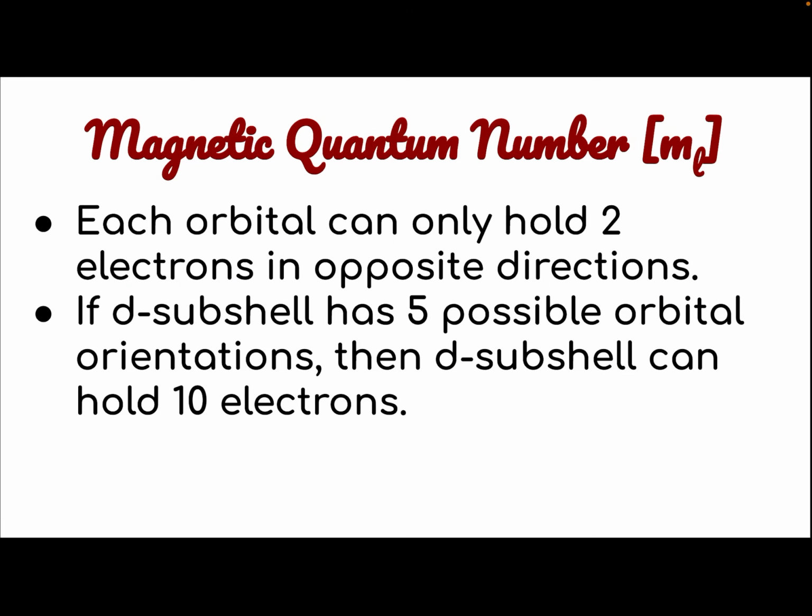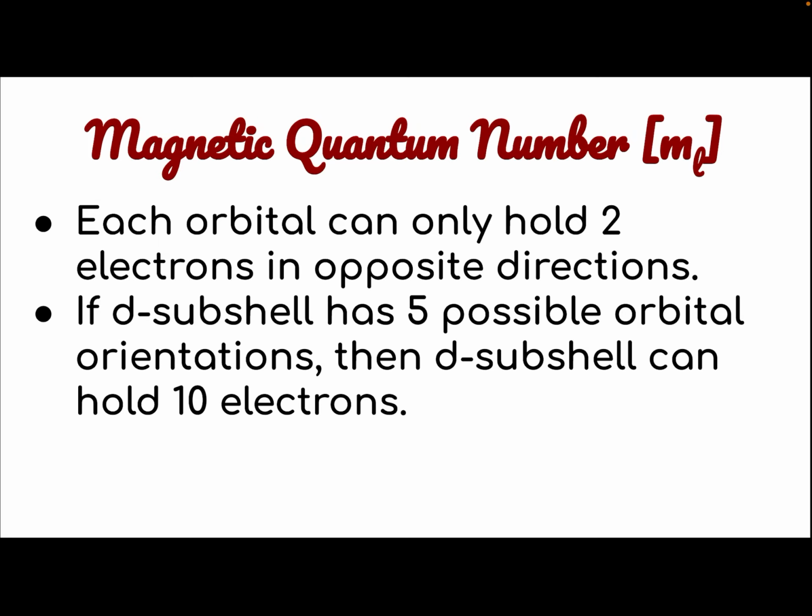Now, remember, let's take it easy para maintindihan nating lahat. Now, your magnetic quantum number, each orientation, or each orbital, can hold 2 electrons. Again, 2 electrons, bawat orientation, it can hold 2 electrons in opposite directions. So, ano ibig sabihin nun? Sabi natin kanina, if D subshell, yung shape na D, has 5 possible orientations.